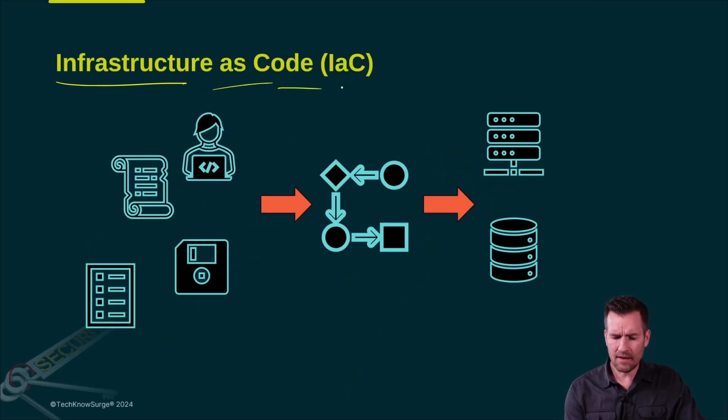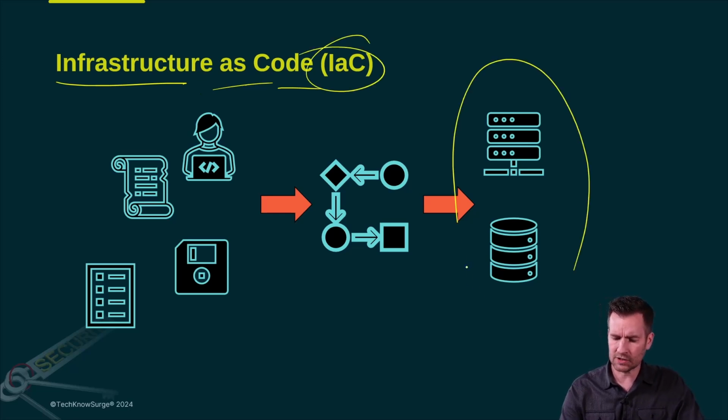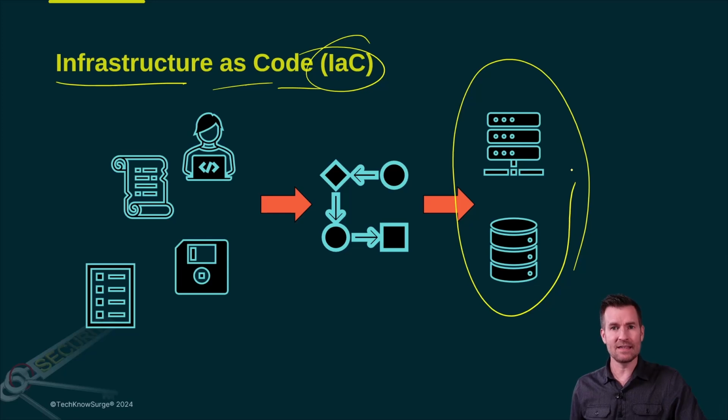We also have infrastructure as code. The idea behind infrastructure as code is that we're going to deploy our servers and our databases and all of our infrastructure, our networking, we're going to deploy it using code. Now, typically what this has been done in the past, it's all been a manual process. We get a new server, we install it on the rack, we turn it up, we install the software on it, we install all the services on it, and then we do the configuration on it.